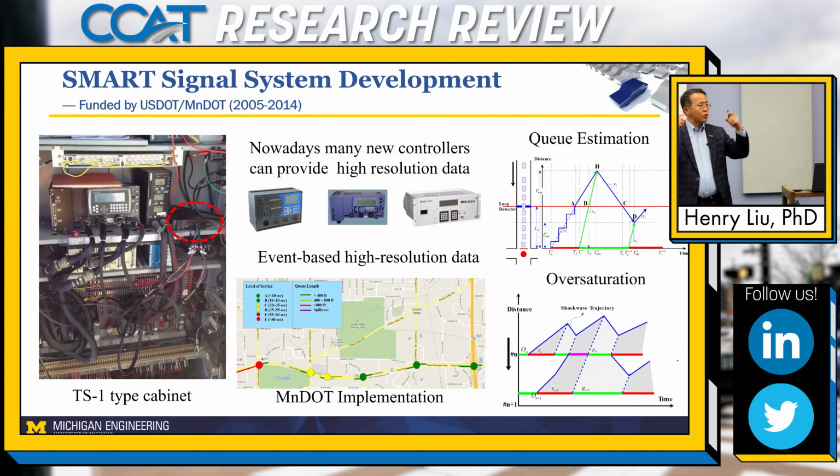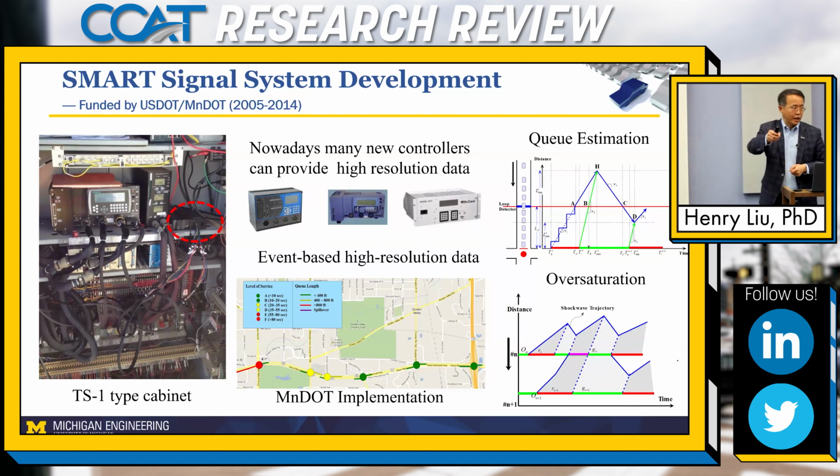Well, that data is actually very powerful, and we were the first in the world to collect such data, in 2005. We implemented it in the Twin Cities area of Minneapolis, on Trunk Highway 55. We have a box at each intersection.